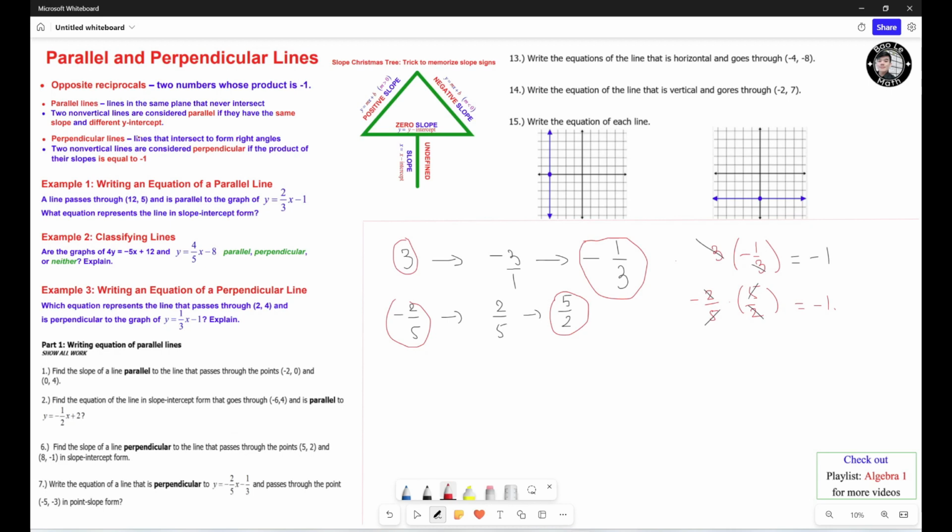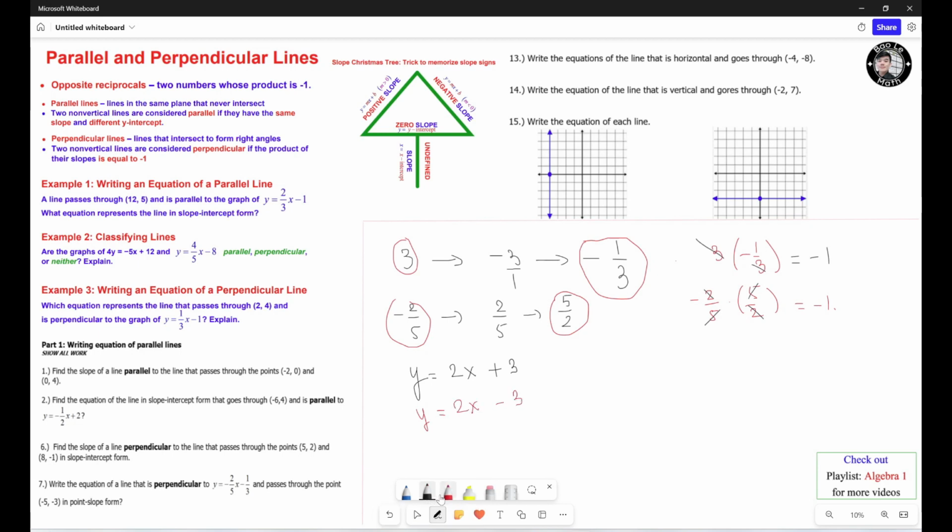Parallel lines. If two lines are considered parallel, they never intersect, and they must have the same slope and different y-intercepts. Okay, let's take a look at the example. y equals 2x plus 3. y equals 2x minus 3.